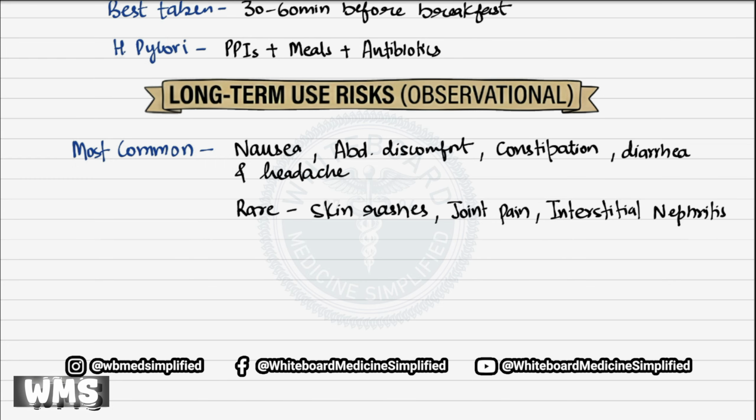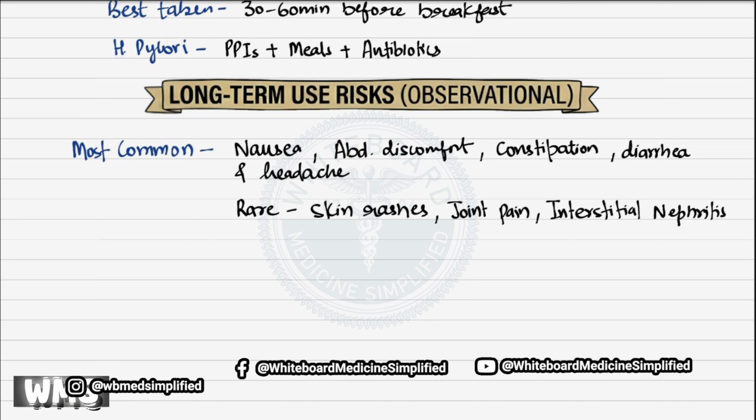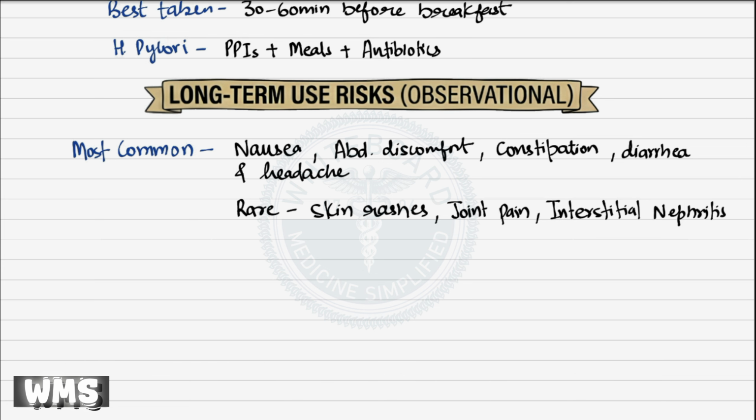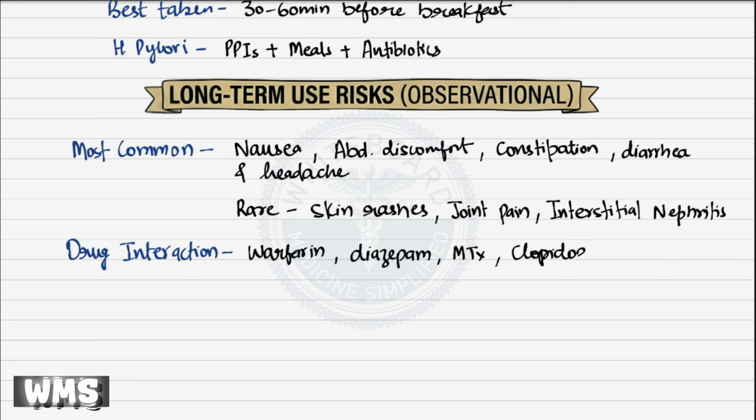Furthermore, since PPIs are metabolized in the liver through CYP enzymes, they can interact with several commonly used drugs, including warfarin, diazepam, methotrexate, and clopidogrel. Importantly, among the PPIs, pantoprazole is often preferred in patients taking clopidogrel because it has fewer CYP2C19 related interactions.